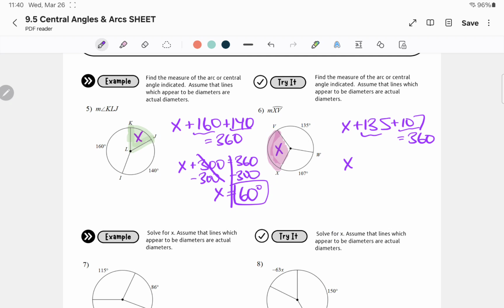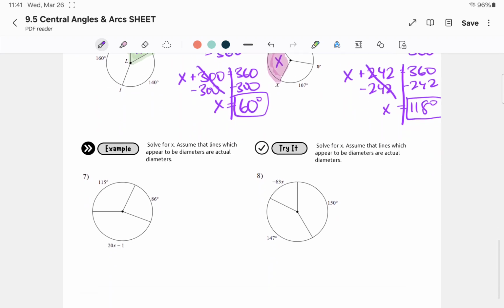So 135 plus 107 is 242. And we want to subtract that from 360. So 118.